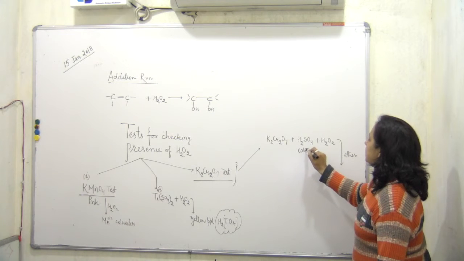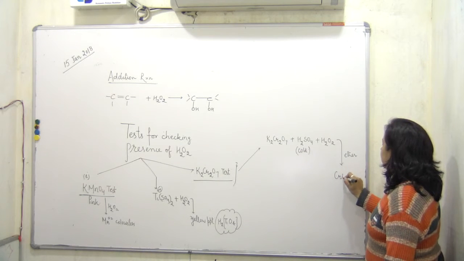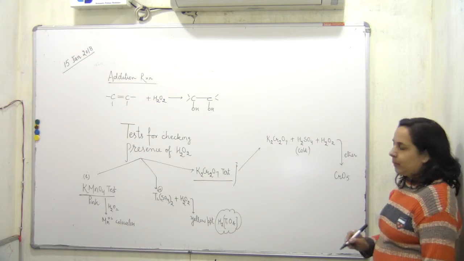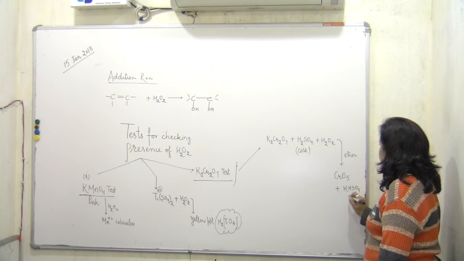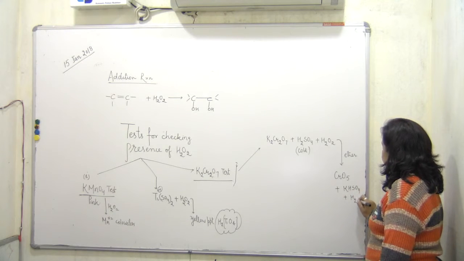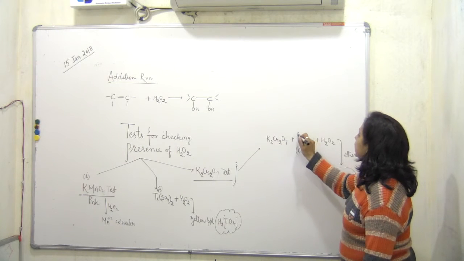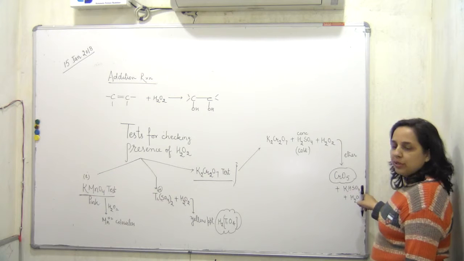A cold mixture, a cold solution, is used, and we get formation of a compound called chromium pentoxide plus KHSO4 plus water. Because concentrated sulfuric acid is used, KHSO4 is formed.